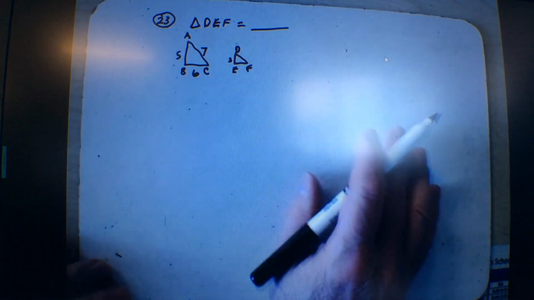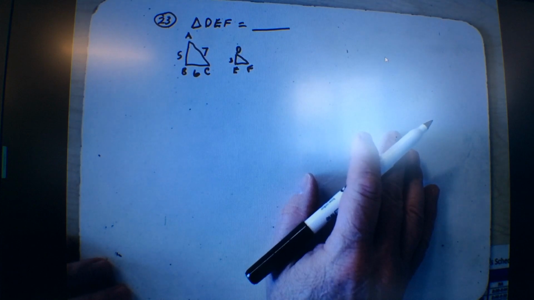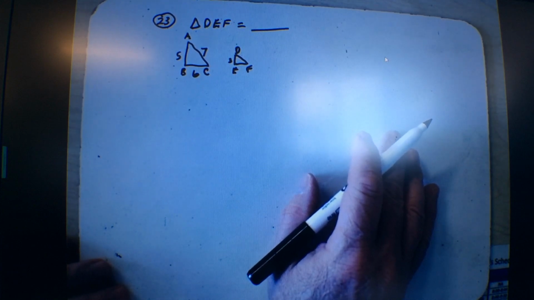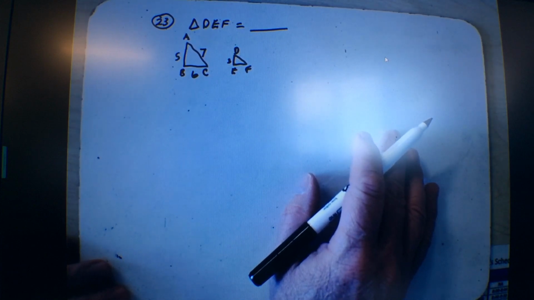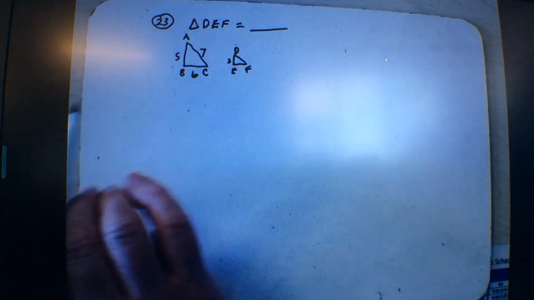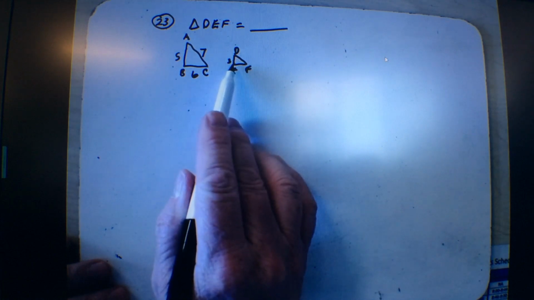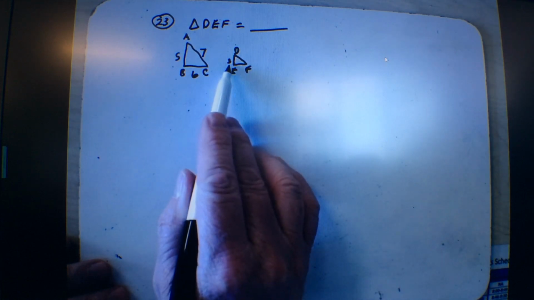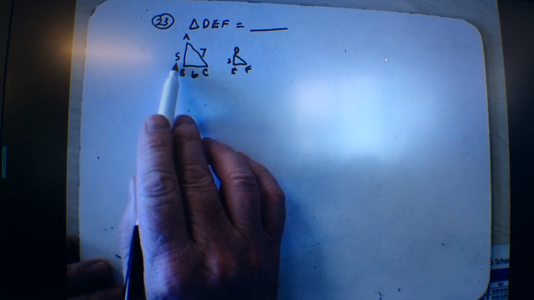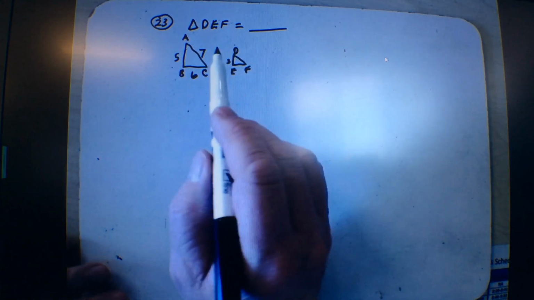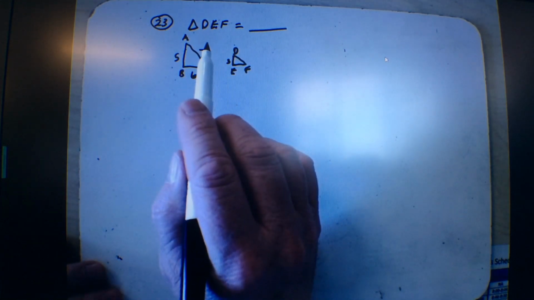Okay, how do you do this? Any ideas? What side matches DE? Because DE is known on this one, right? It says ABC is similar to DEF.